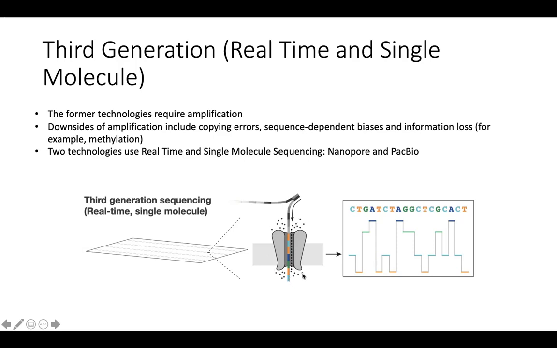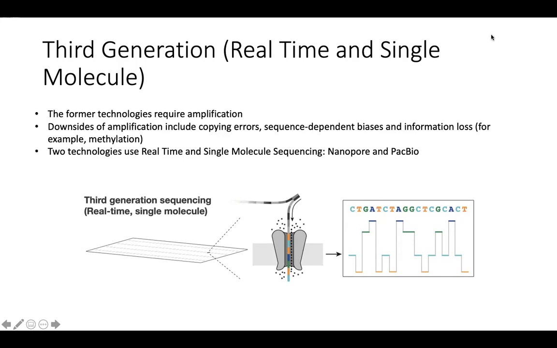The deconvolution of those signals is going to be transformed into a FASTA sequence, for instance, and that can store methylation data, or DNA modification, for instance. What's not recorded in Illumina sequencing.